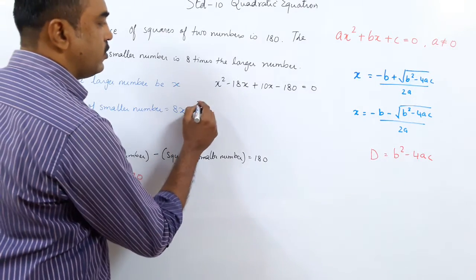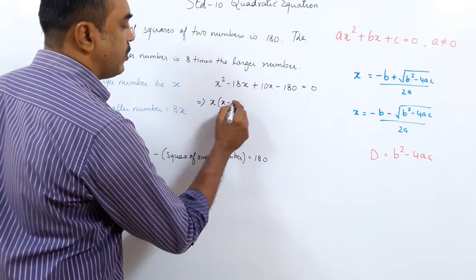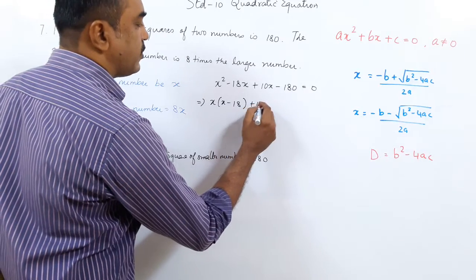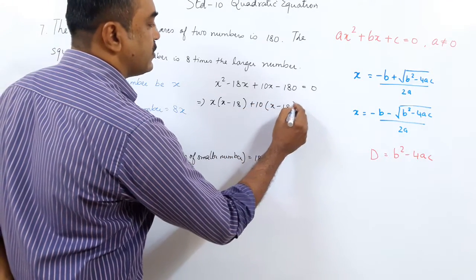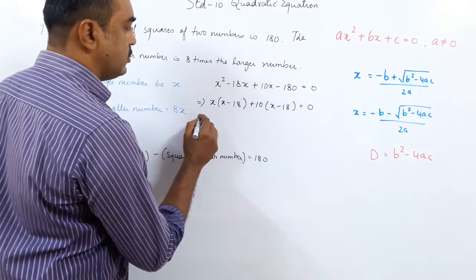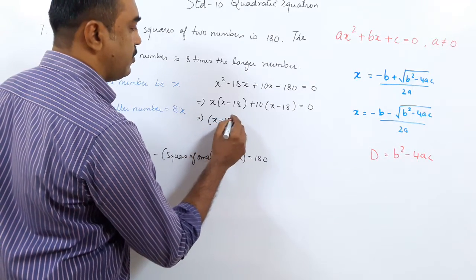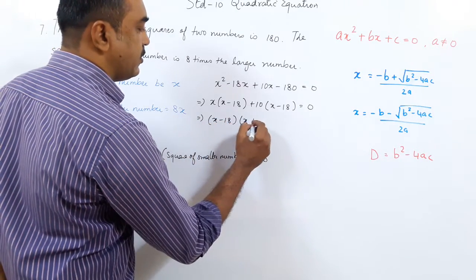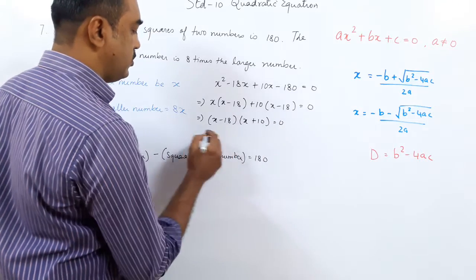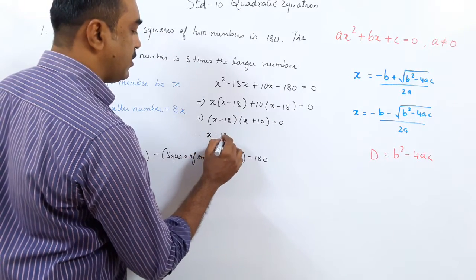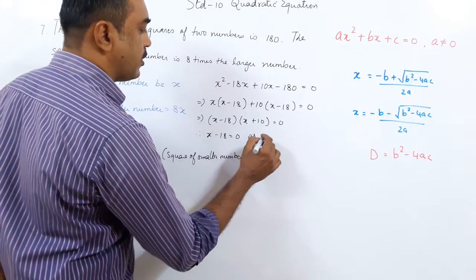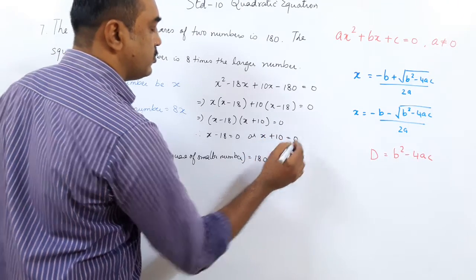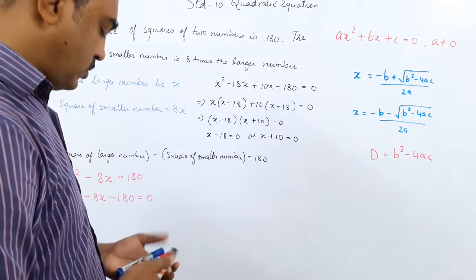So we have x common, x minus 18, plus 10 common, x minus 18 equals 0. So this gives us (x minus 18) into (x plus 10) equals 0. Therefore x minus 18 equals 0 or x plus 10 equals 0.